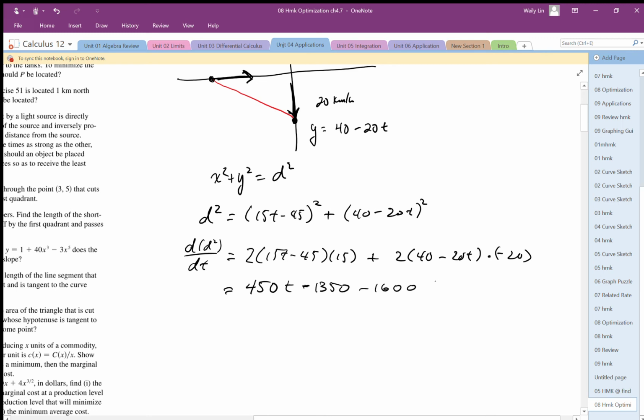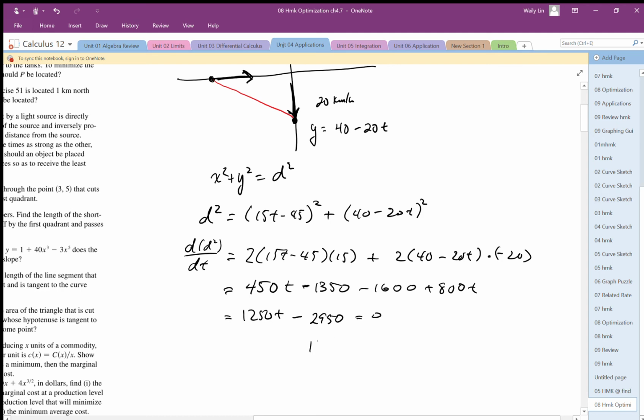And then I'm going to get, that's going to be for my plus 800t. Okay, so working this out, this is equal to 1250t minus 2950, is equal to 0, and then solve for t.